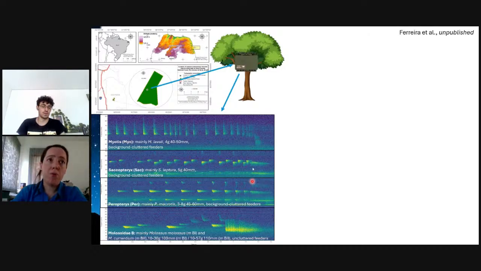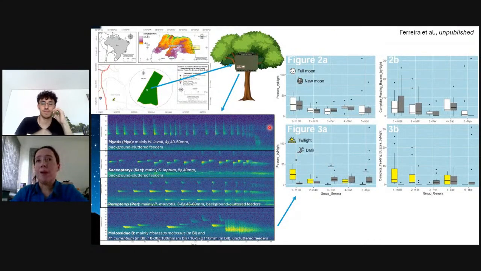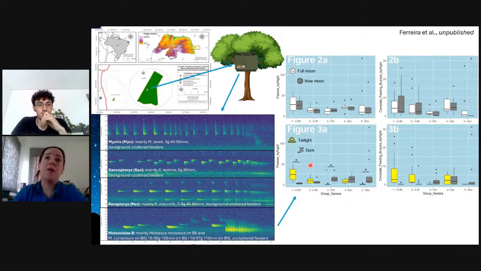And you analyze the recordings by counting passes and counting feeding buzzes. What we found in this case is that there are differences in the number of passes between twilight and dark, but not full moon, and no differences in feeding buzzes.